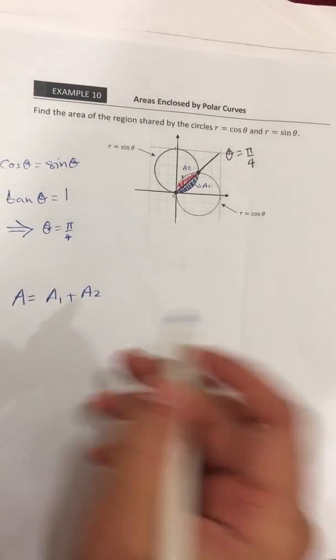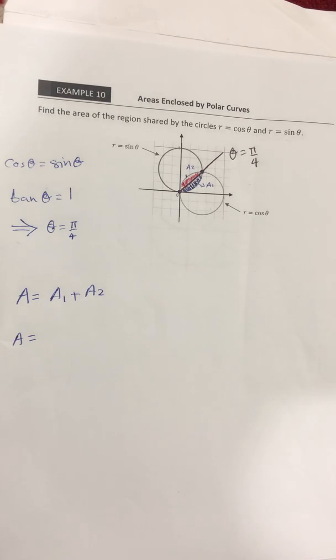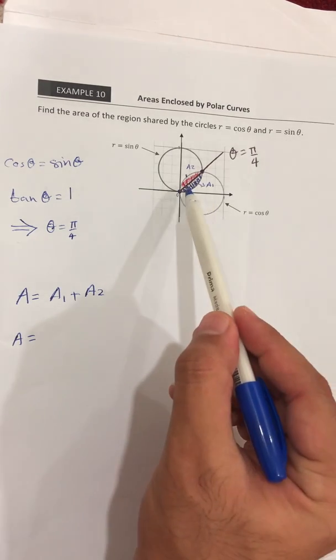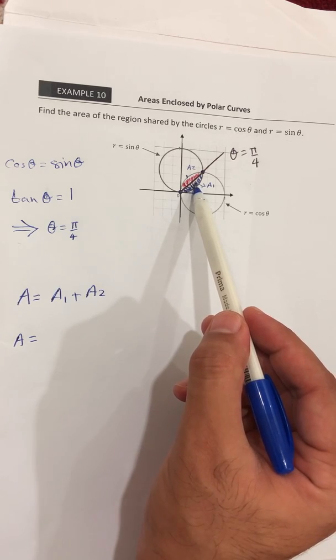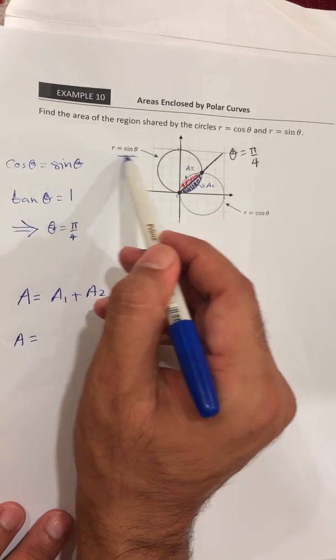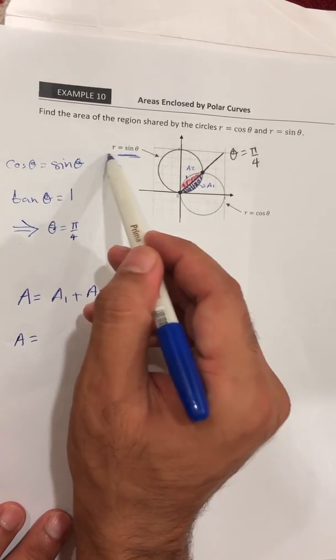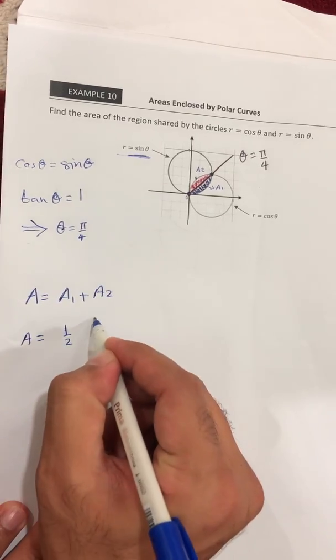Now, what is A1? Notice that A1 is the area under which curve? It is the area under this circle, r equals sine theta. I'm going to explain in a minute why. So it is half the integration.